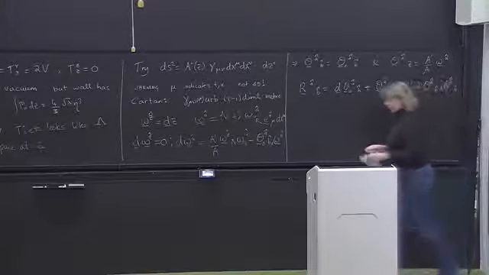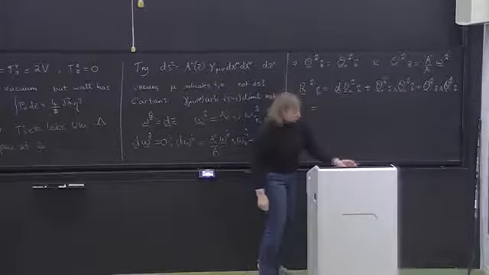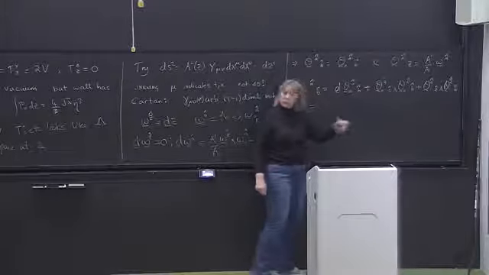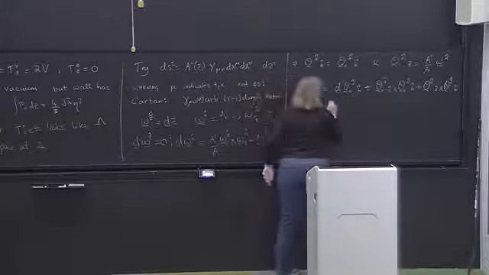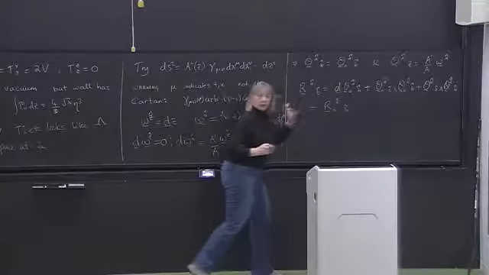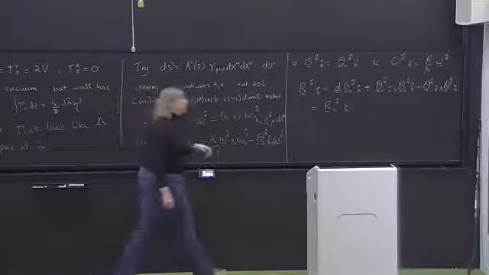So that's my R^A_B. But of course, the first two pieces, d theta naught plus theta naught wedge theta naught, is just R naught. Remember that R naught is in terms of the omega naughts.